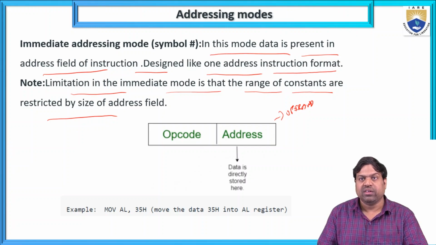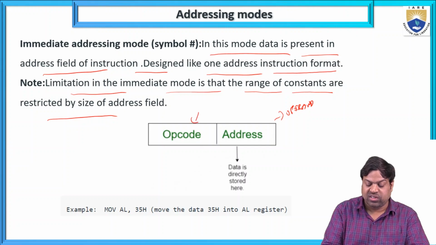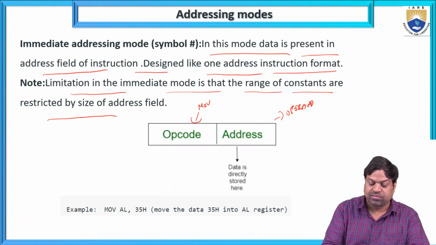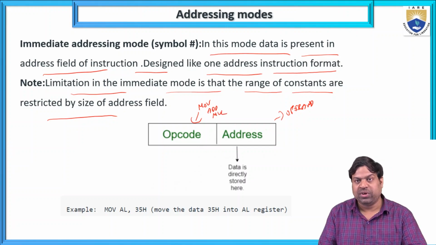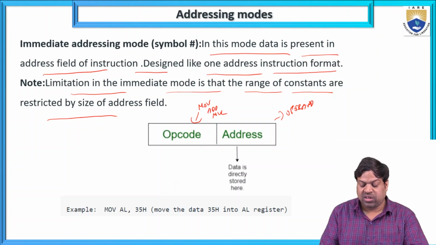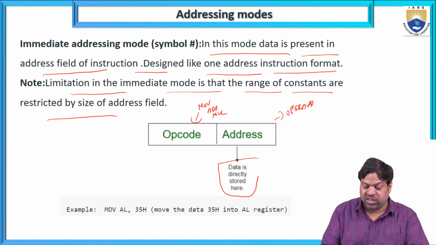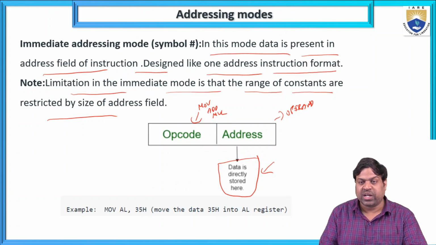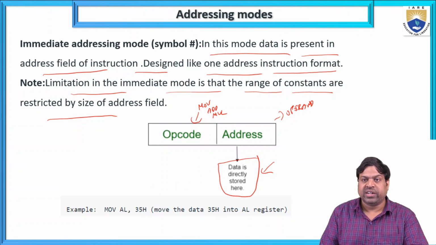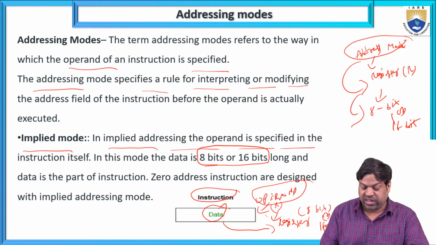So here the opcode can be anything: move, add, mul, like this. In the place of address or operand, the data is directly stored here.